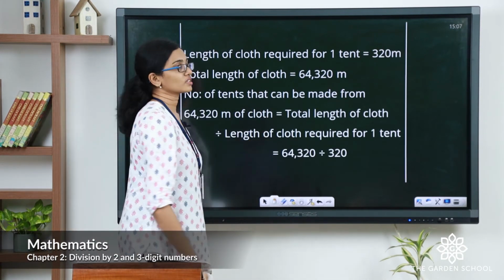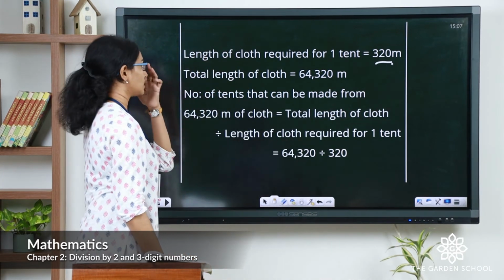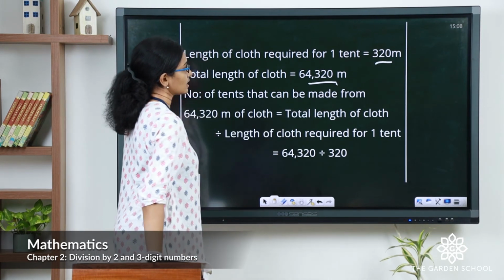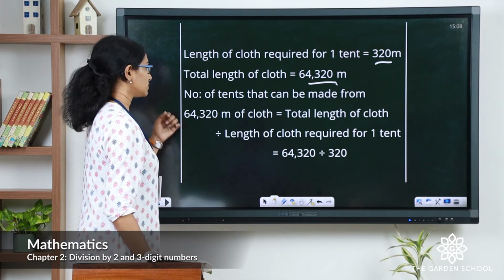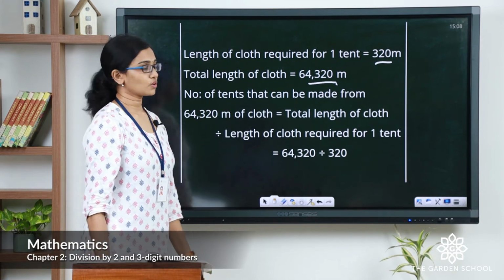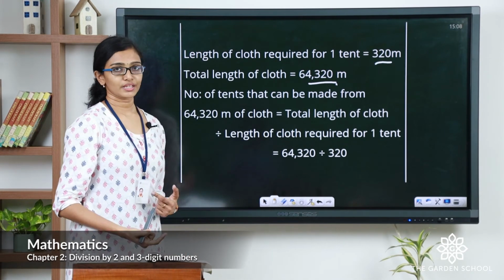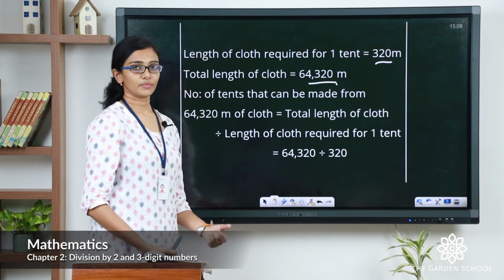Now, let's look at the steps once again. The length of the cloth required for one tent is equal to 320 meters. Now, the total length of cloth you have equals 64,320 meters. The number of tents that can be made from this much cloth is equal to the total length of the cloth divided by the length of the cloth required to make one tent. So, we have substituted the numbers here.